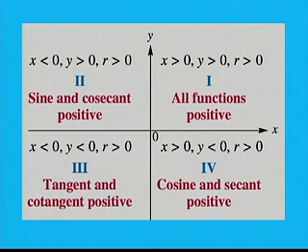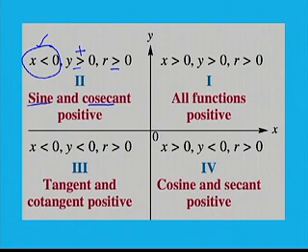Whereas in quadrant 2, we know that x is negative. Y, of course, will be positive. So therefore, any combination that involves x, which is negative, will create values that are negative. Well, the sine, which is y over r, and the cosecant, which is the reciprocal, will be positive in quadrant 2. The other 4 trig functions will be negative.